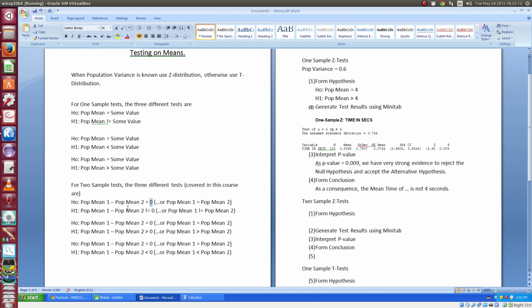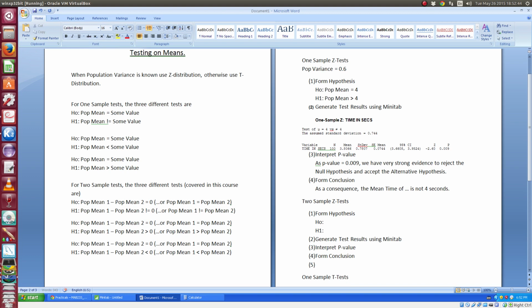If the population mean 1 minus the population mean 2 doesn't equal 0, then that's the same as saying population mean 1 does not equal population mean 2. If the difference is greater than 0, then mean 1 is greater than mean 2. If the difference is less than 0, then mean 1 is less than mean 2. You can write it out in either form. They're equivalent.